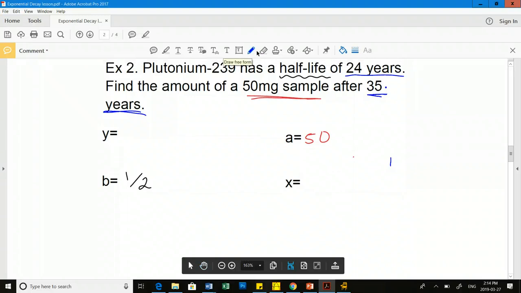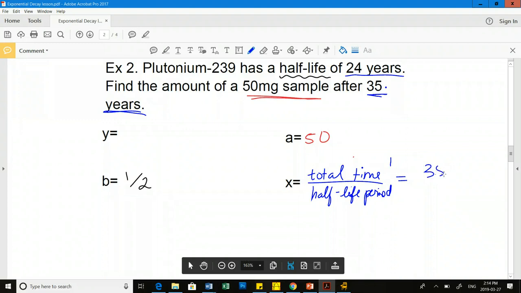So it's not always the bigger number over the smaller number. It's whatever time period you're looking at. So my x is going to be the total time over the half-life period. How long does it take for a half-life to happen? So 35 over 24.